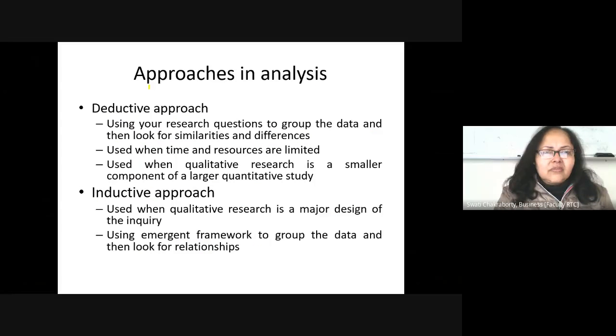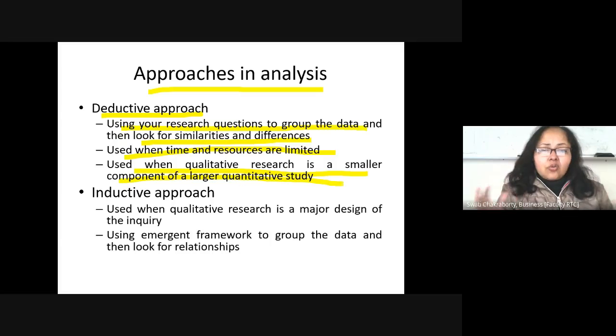Now, the approaches in analysis that we have: in the deductive approach, we use our research questions to group the data and then look for similarities or differences. We use it when time and resources are limited. It's also used when qualitative research is a smaller component of a larger quantitative study.